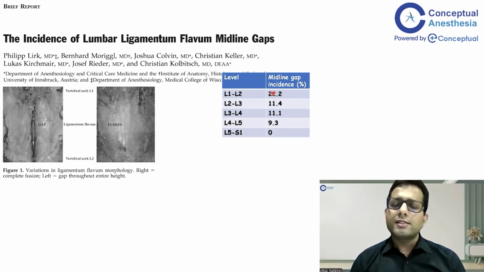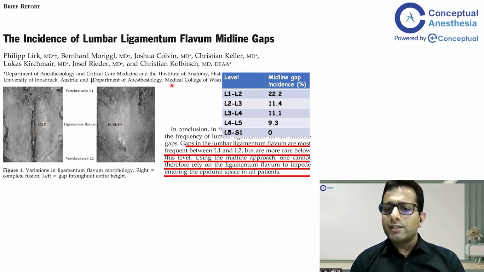Most of us have experienced that while performing a spinal or epidural, specifically the epidural, we don't get a classical give way and suddenly the CSF flow comes. In those patients, there is a possibility that there is a deficit in the center of the ligamentum flavum. So this is the fused ligamentum flavum, and here, as you can see, there is a deficit. In this study, they mentioned that the gaps are more frequent at the level of L1 and L2.